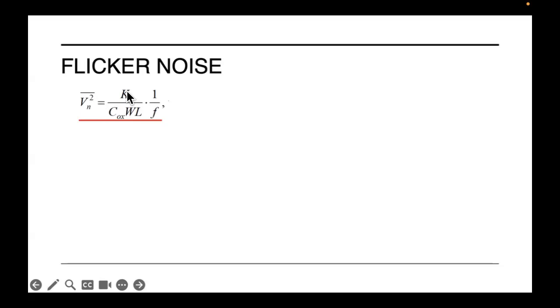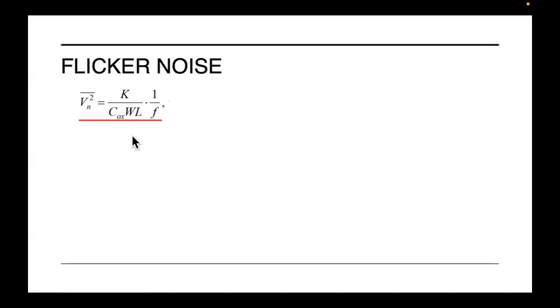Usually, this coefficient is on the order of 10 to the power minus 27 volts squared per farad. Cox is the capacitance due to the oxide. Again, if you return to your solid state electronics module, you will remember the oxide capacitance and the CV curve for a MOSFET.